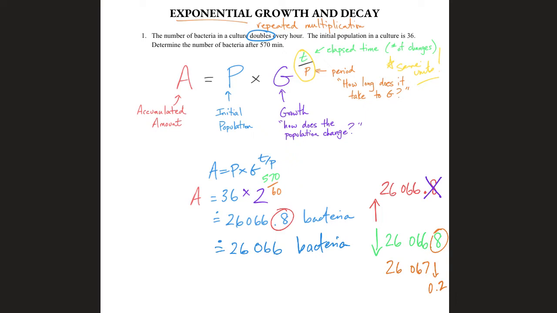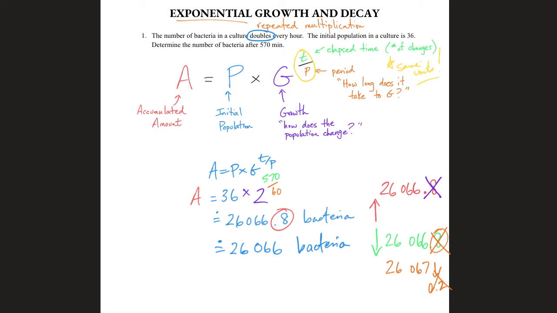But for the same reasoning we just spoke above, if I can't lose 0.2 of a bacteria, then I couldn't ever get down to 66. And so when I round off, I would round off to the 67.